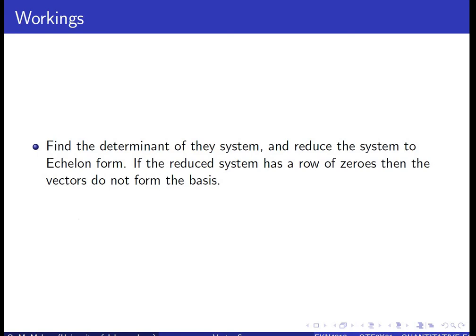If the reduced system has a row of zeros, then the vectors do not form a basis. If you have a row or column entirely made up of zeros, it means that your determinant will be 0, which means that your set of vectors will not form a basis. It means they're linearly dependent.